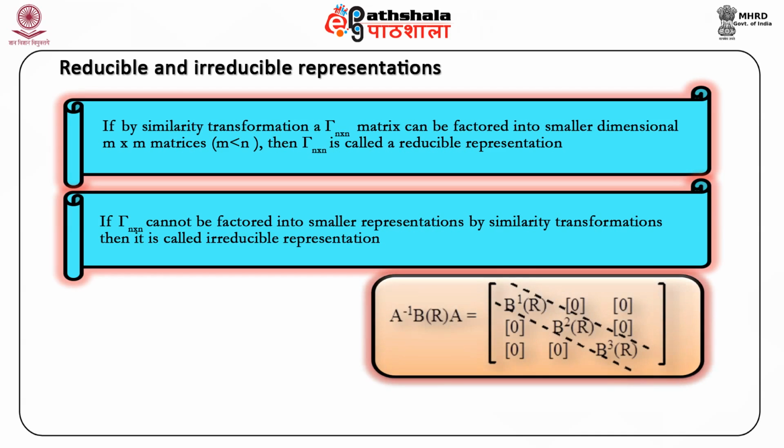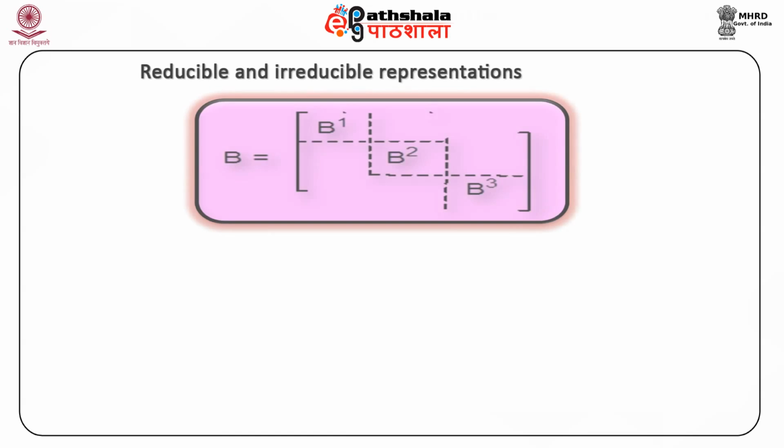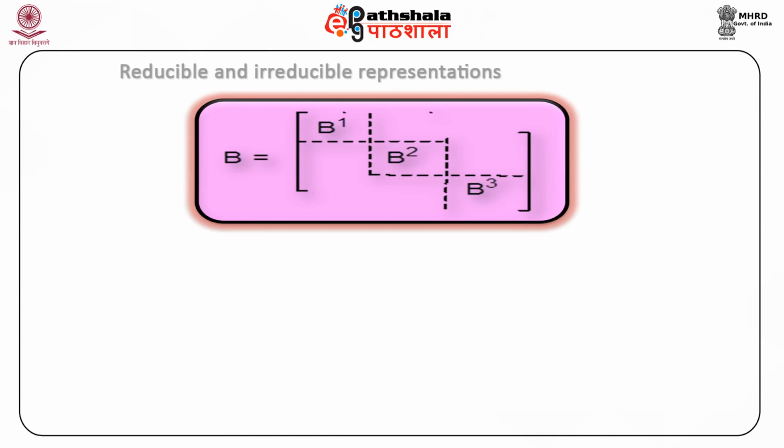Factoring of the larger matrix Br of reducible representation tau red can be expressed as given. B1R, B2R, B3R, etc. are block matrices related to Br by similarity transformation, and the zero matrix represents a rectangular array of zeros.